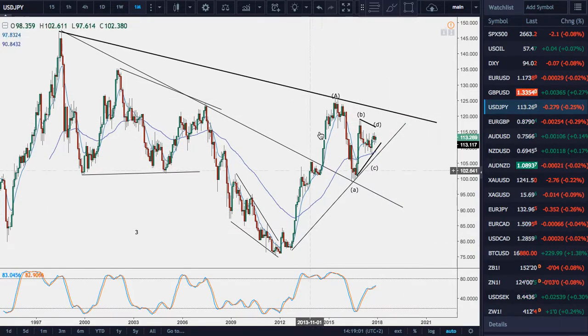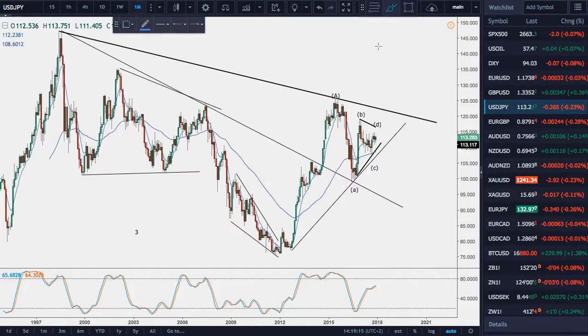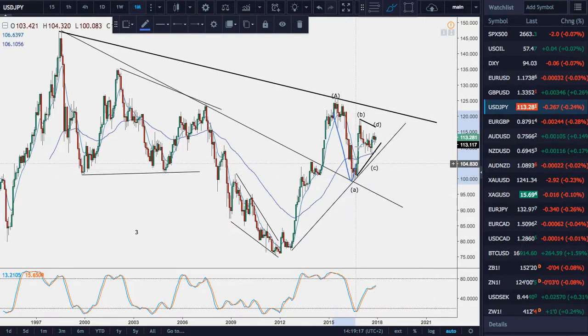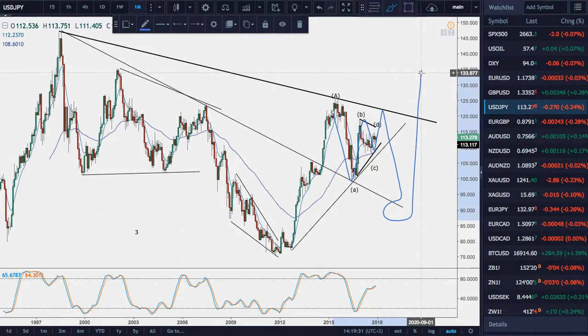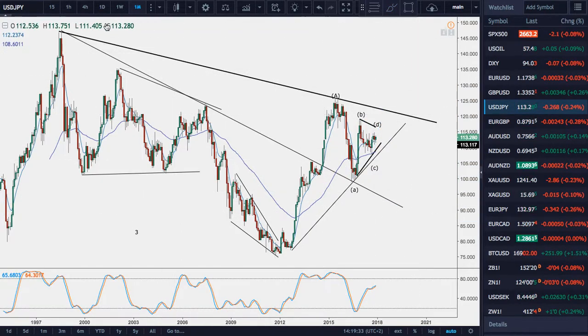So the two views: A, triangle for B, move up for C towards anywhere above 127, probably about 130, 135, or something like that, and then a big move down. That's the first one. Second view is three-wave correction here, staying beneath 124.125.5, move down here for C, and that sets up a long-term bottom into 2018, 2019, and then a big move up.